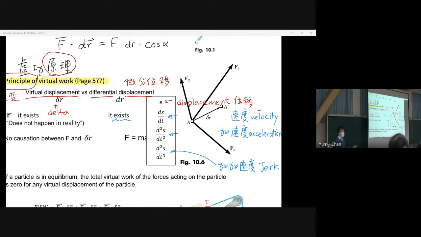If you drive a car or you take a train, they exist. For s, ds/dt, d squared s/dt squared, d cubed s/dt cubed, power 2 is square and power 3 is cube. These quantities actually exist when you drive a car or take a train.